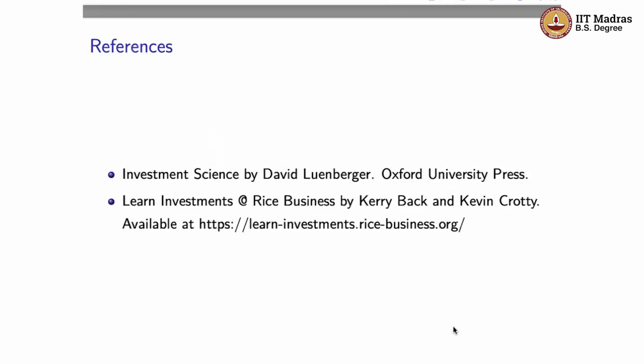So I encourage you to go to that website and check it out, especially the ones corresponding to the portfolio optimization that we have seen. And we'll come back and look at some more aspects of this portfolio theory next time that we meet.